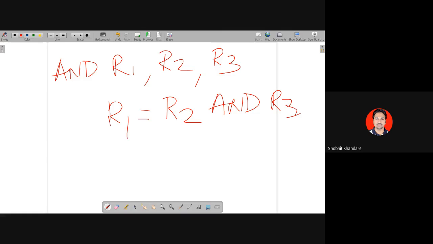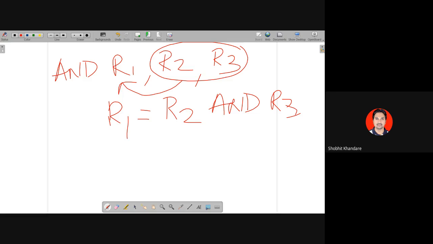So the AND operation between R2 and R3, and whatever result I get, will be stored in R1. That is a simple AND operation.